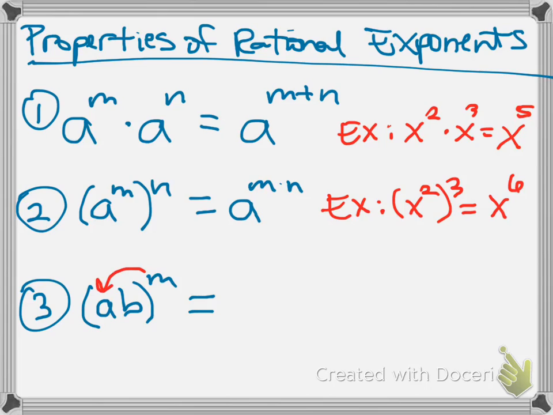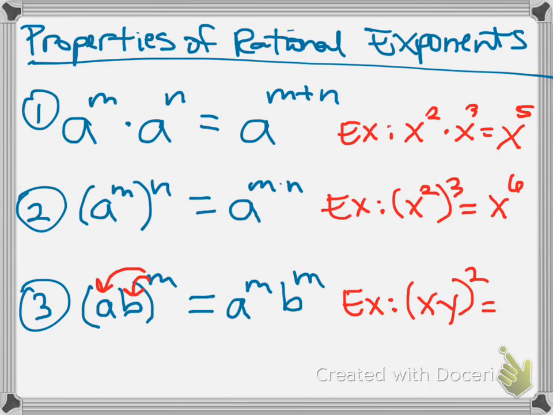You have to apply that exponent to both of the factors inside the parentheses. So that means this has to be a to the mth power times b to the mth power. So let's do one more example. Let's say that we've got xy and we're squaring it. So that's equivalent to x squared, y squared.